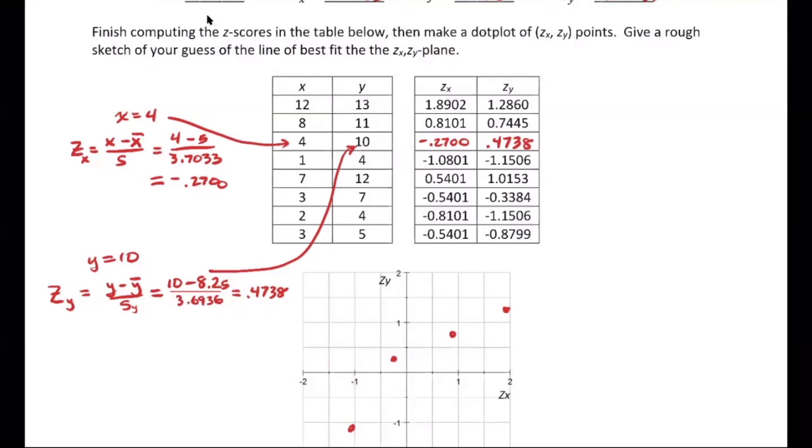Okay, next one's 0.54. And 1.01. Then negative 0.54. And negative a third, about here maybe.